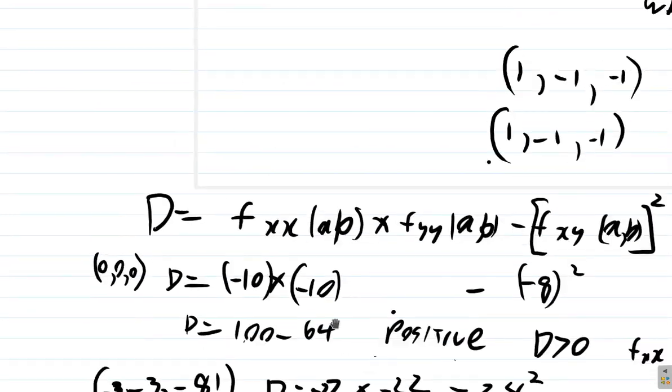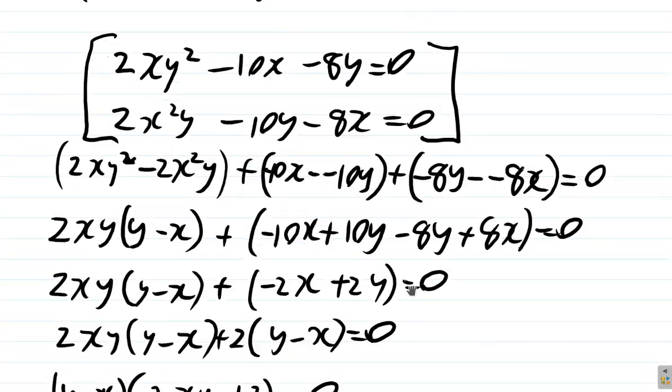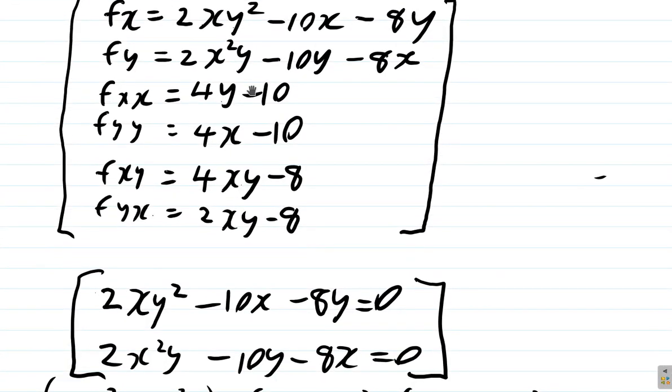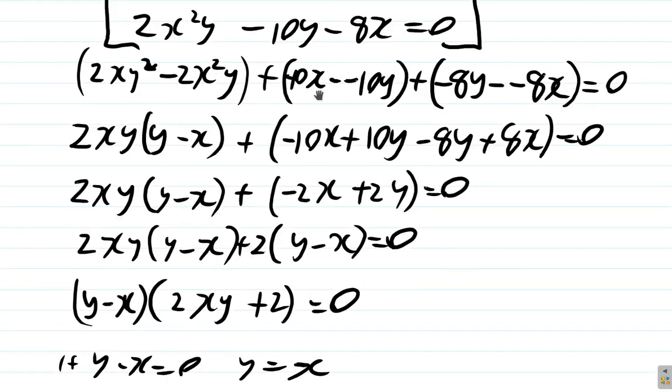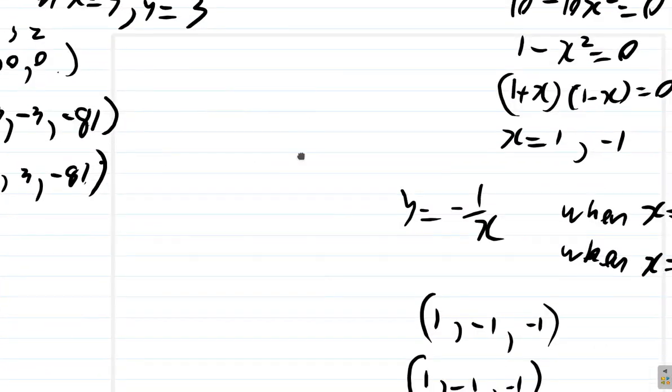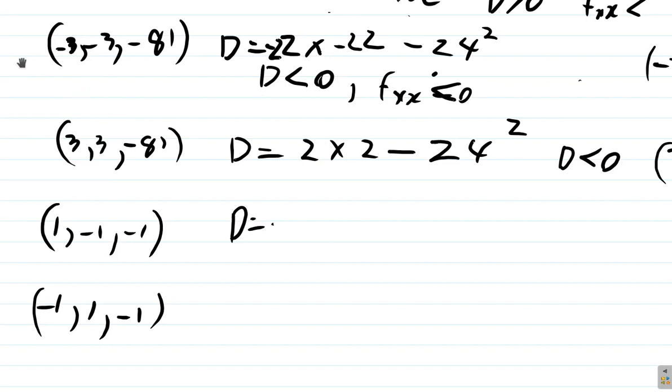When x is positive 1, y is negative 1. Negative 4 by negative 1 is negative 4. Negative 4 minus 10 is negative 14. So fxx is negative 14 times.